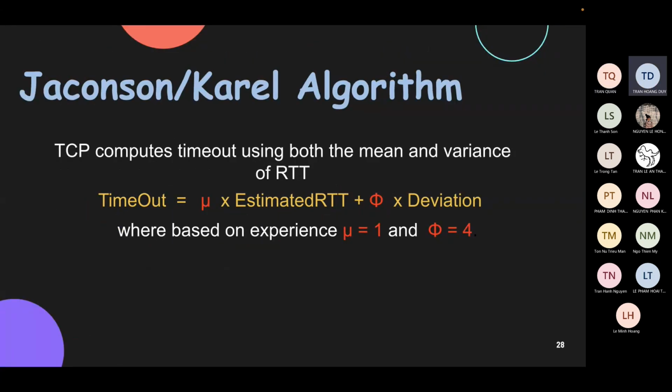And the last formula is for computing the timer using both the mean and variance of RTT: Timeout = mu * EstimatedRTT + phi * Deviation, where based on experience mu equals 1 and phi equals 4.